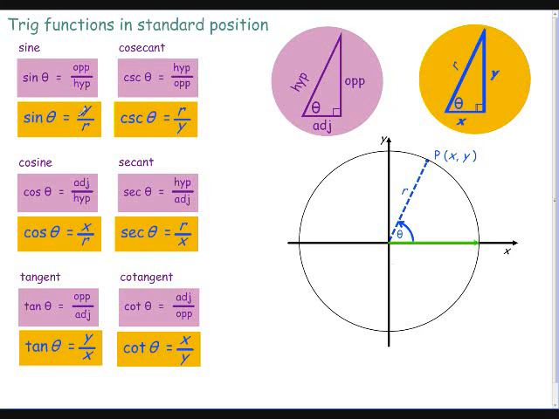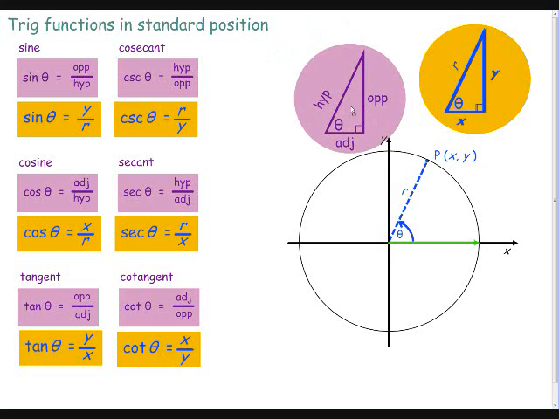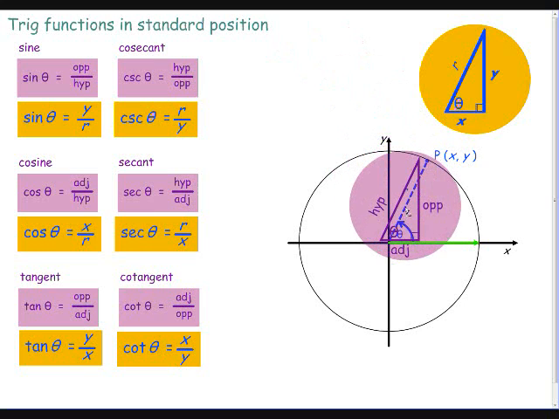If we put these into standard position, opposite over hypotenuse, if we take, let's see if I can move this. I can't move it, oops, that's no good. Let's see if I can move that. I can.